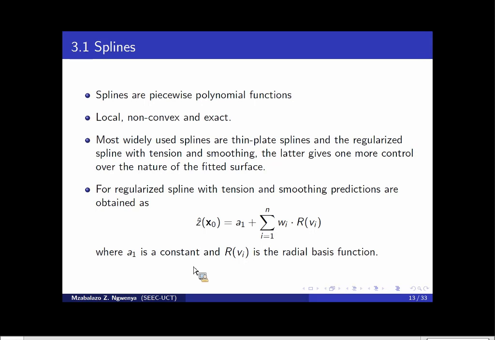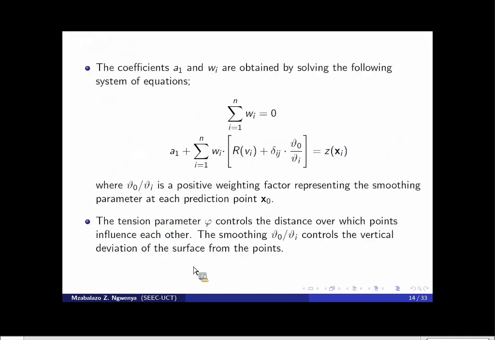Okay, so let's see how we get a prediction at a location. We have some constant, and we then have some weights. So these are the weights in the method, and some function RBF. So this is basically a radial basis function or a kernel. When you are trying to fit a spline model, you basically have to solve this system of equations to get your parameters.